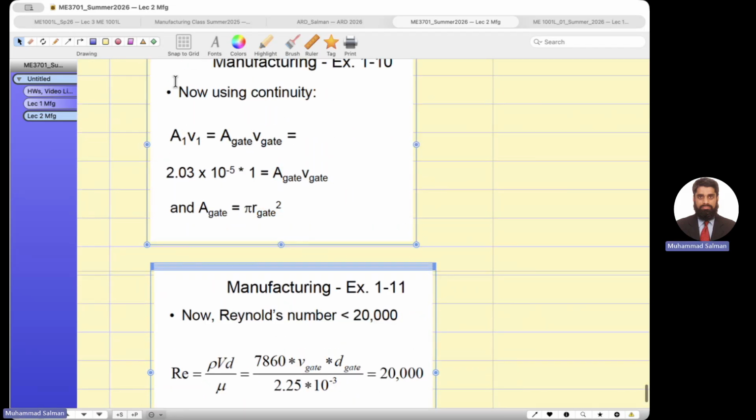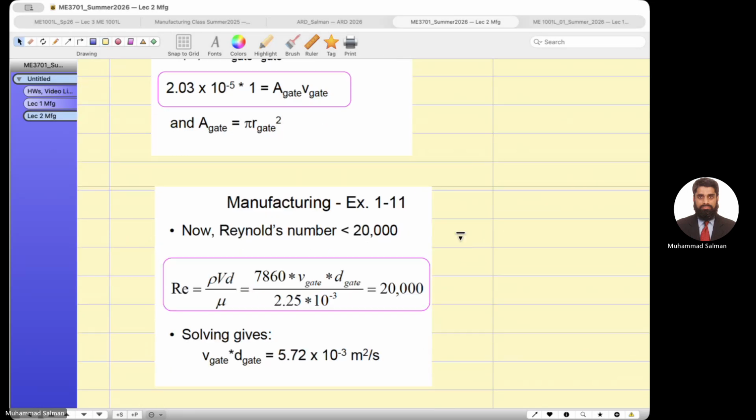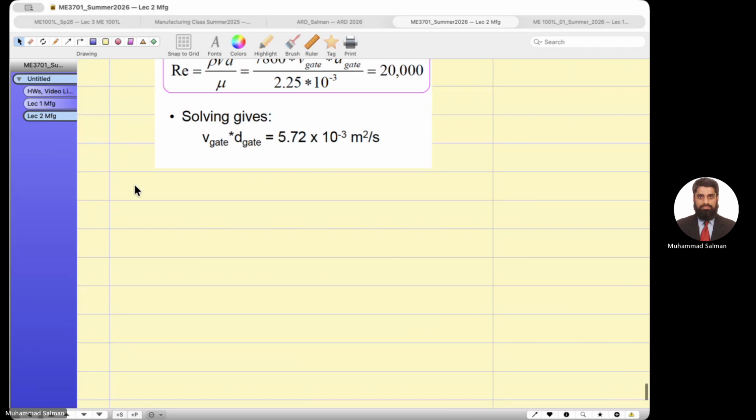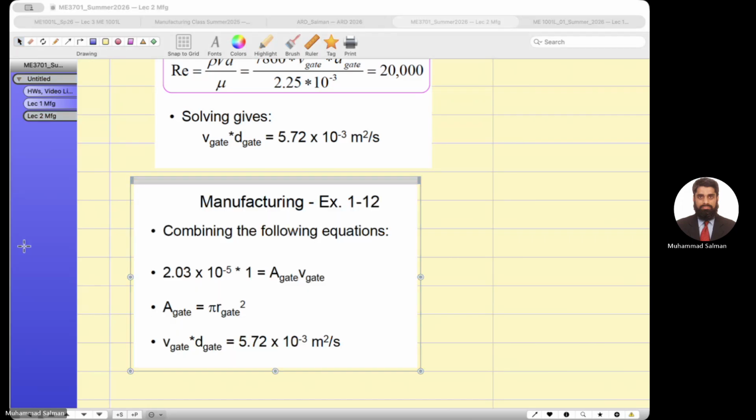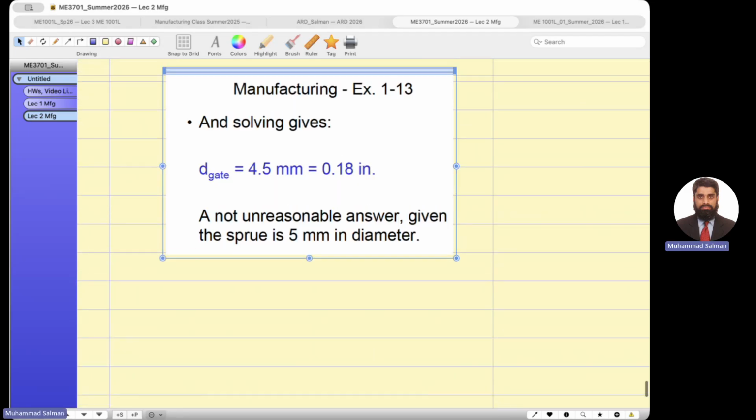From the continuity equation, you will have this answer, and you will have another equation, Reynolds equation. Two equations, two unknowns, you can solve the problem. You understand the step-by-step method? So any question, ladies and gentlemen?